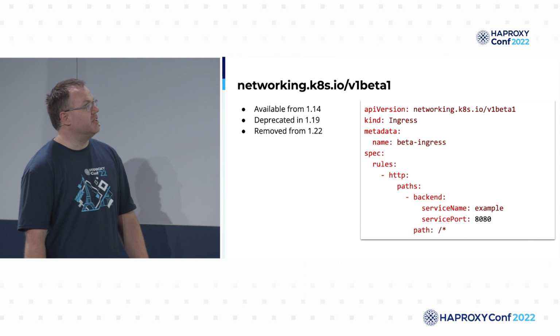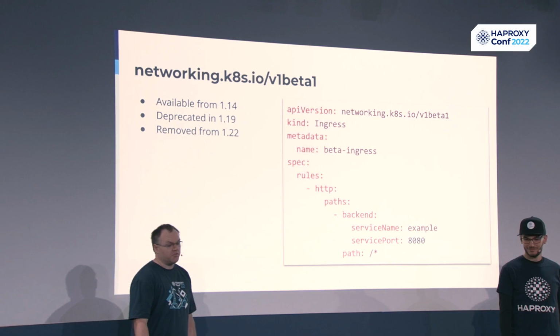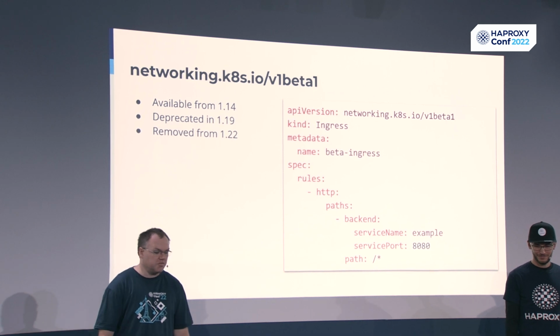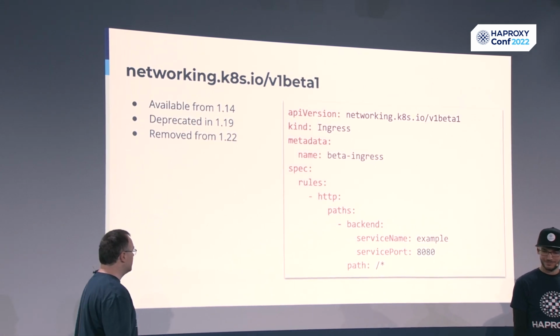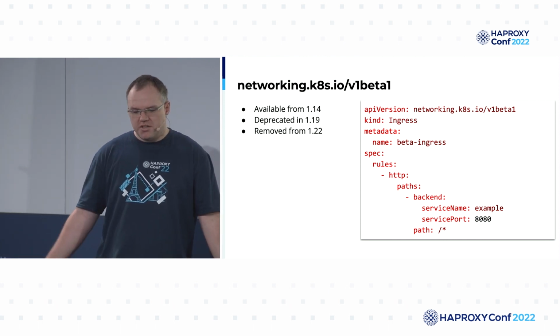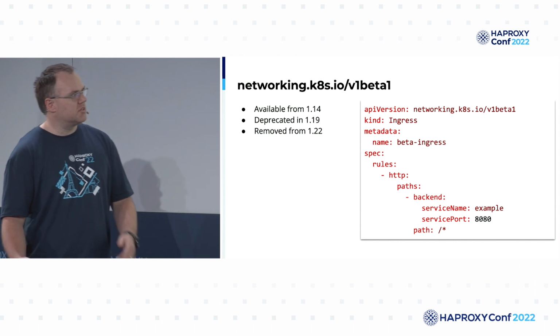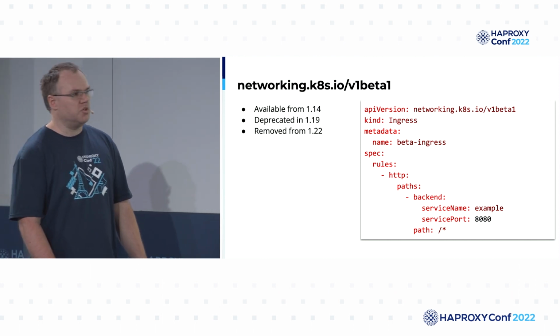But basically, the only thing that needed to change is the API version. Everything else remained pretty much the same. They added some options, but basically, the whole concept remained completely the same. It still remained beta, but soon after, with some minor adjustments, they moved to v1.